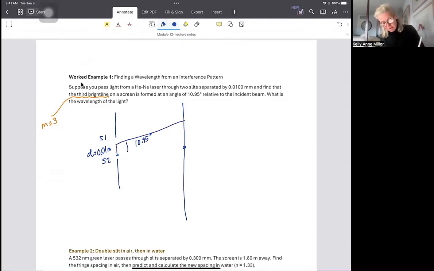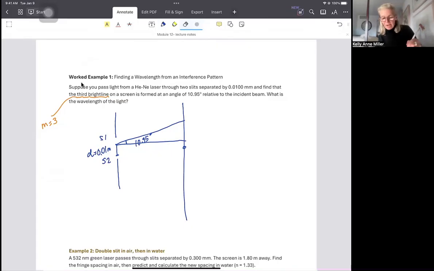You've got that, and then there's the central, and then that's the angle there. We want to know the wavelength of the light.